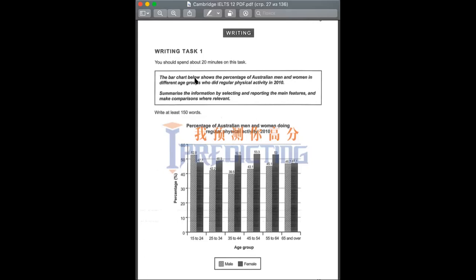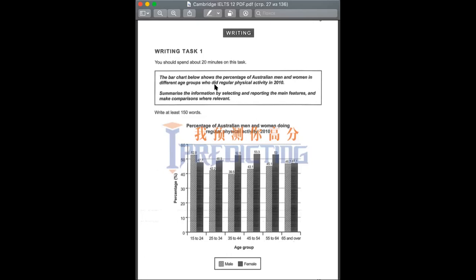The bar chart below shows the percentage of Australian men and women, men being this gray bar, and women, female, being the black bar, in different age groups: young adults, older people, and so on. So different age groups.